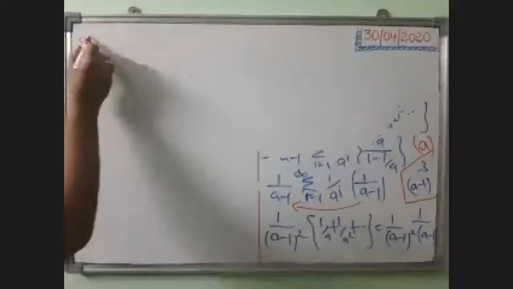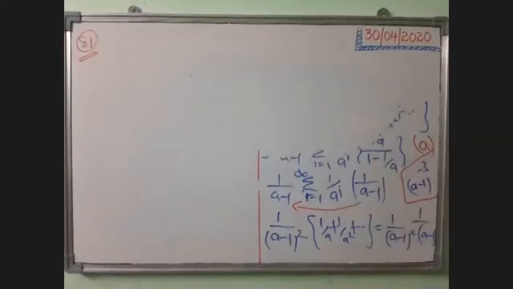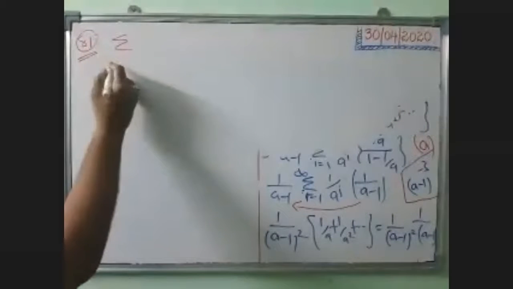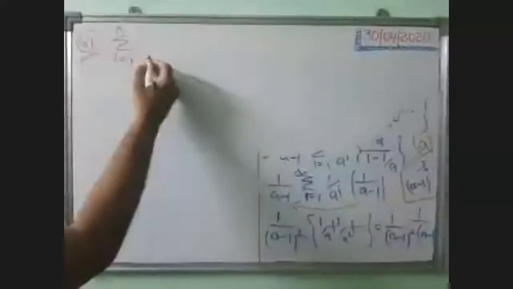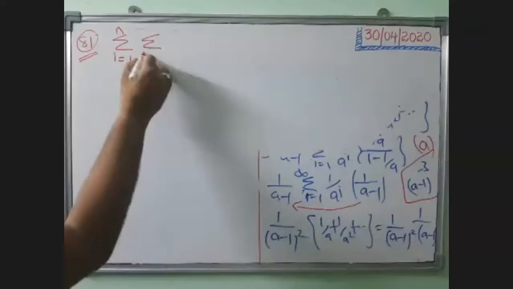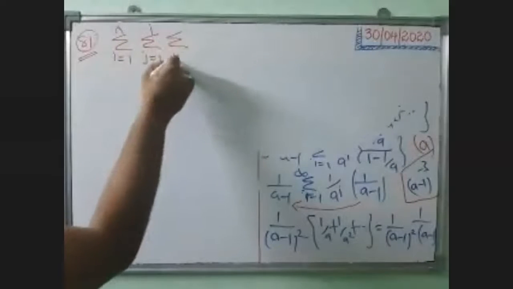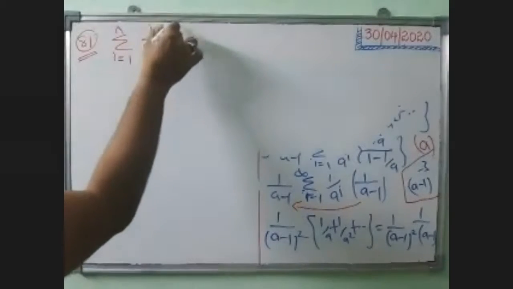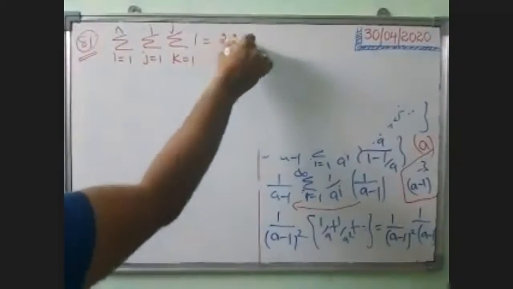Now I go to the next question, question number 81. The question is: sigma i equal to 1 to n, sigma j equal to 1 to i, sigma k equal to 1 to j, 1 is equal to 220.